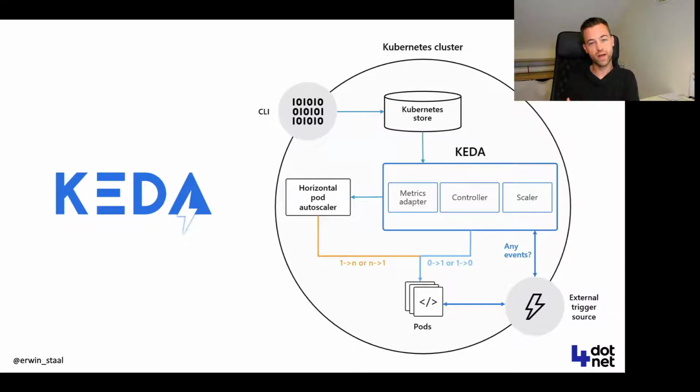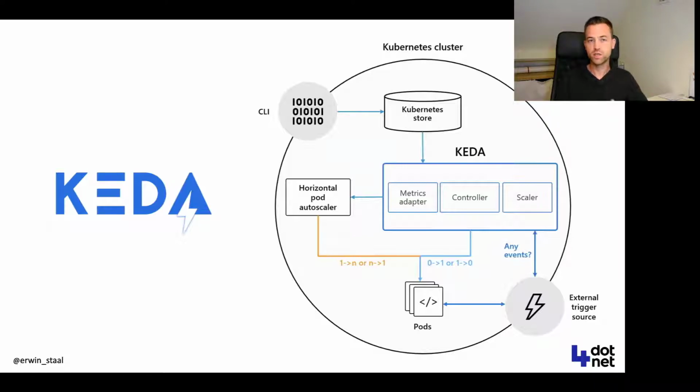And then we have the scaler, and it's actually scalers. You probably use more of them. And a scaler is responsible for reading a particular event source and getting a metric from that event source. So in the first demo I'm going to show you in a bit, we're going to work with the Azure storage queues.